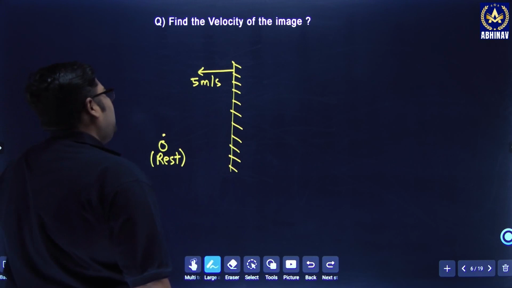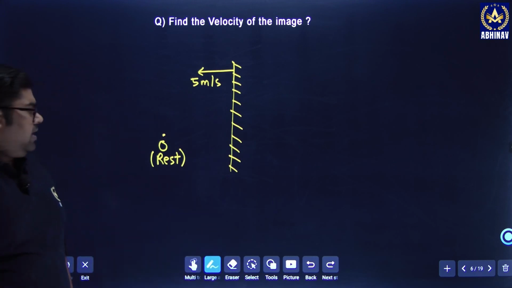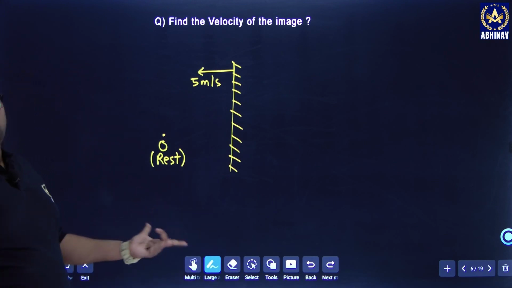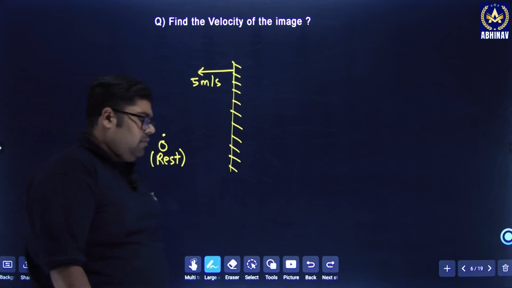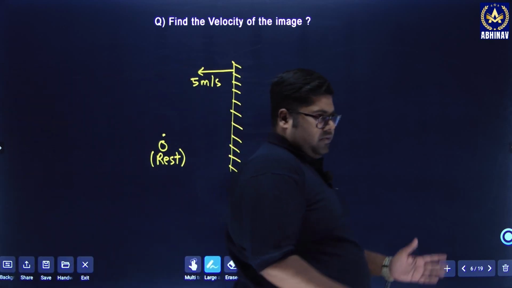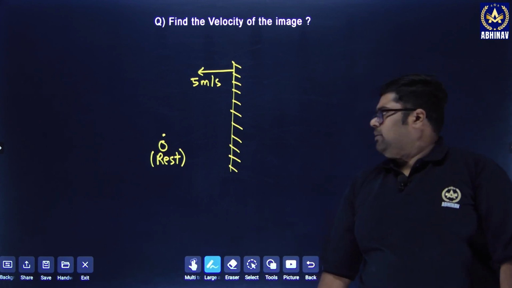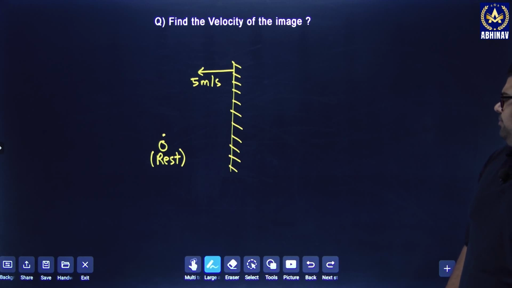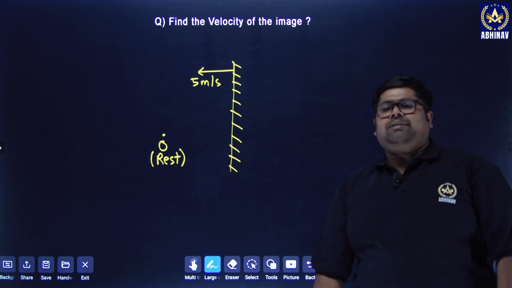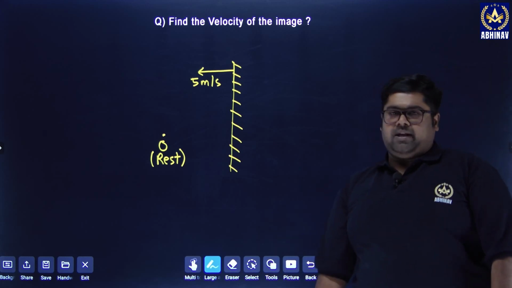The question remains the same. Find the velocity of the image. Pause for a minute. Try to solve it on your own. Just now I have given you the shortcut formula for it. So your answer is minus 10 meters per second, which is correct.